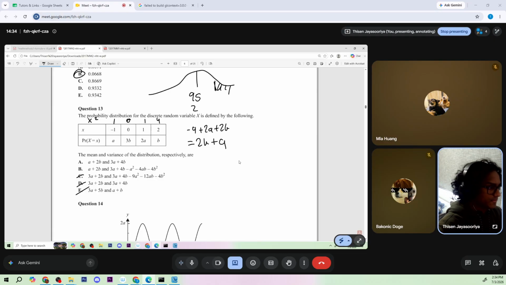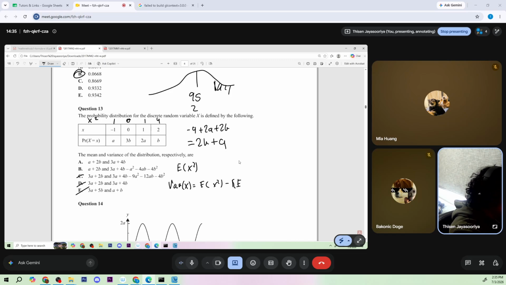Here, I would have E of x squared, because I know for the variance formula, I need E of x squared, take away, brackets, E of x, all of this squared. E of x squared is just going to be 4b plus 2a plus a, which is just going to be 4b plus 3a, yeah?